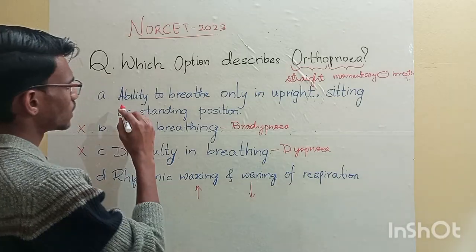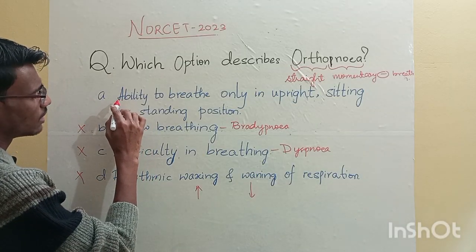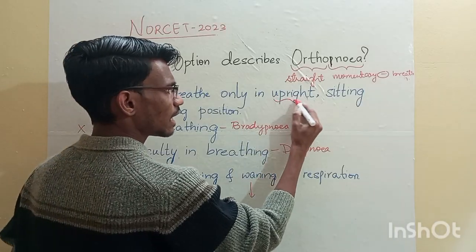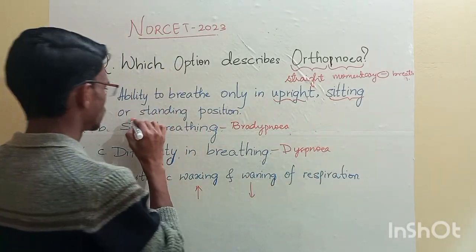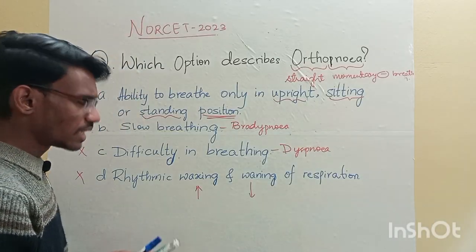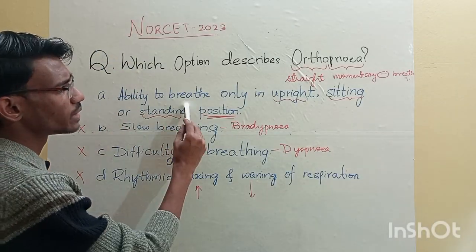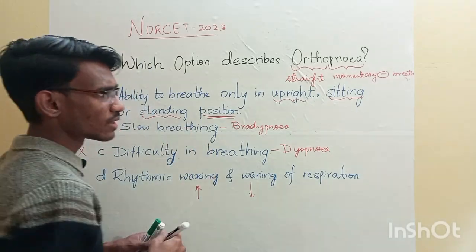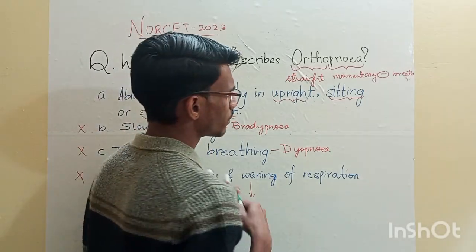Now let's see the first one. It states: ability to breathe only in upright, sitting and standing position. Though this is not a direct answer, they have clearly mentioned that the patient is able to breathe in the upright, sitting as well as standing position. So the lying down position has not been mentioned.